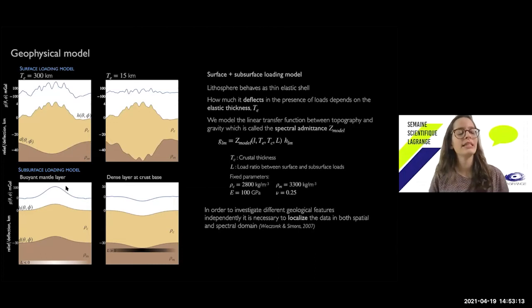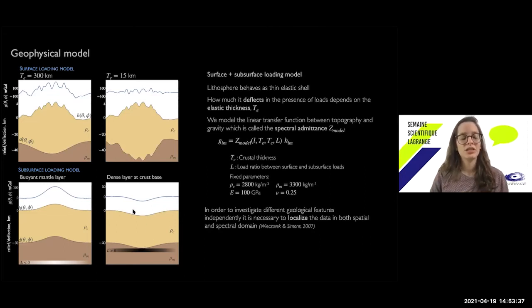Another possibility is that under these regions, there could be a subsurface load. So that's something else we consider: if we have a buoyant layer, a low density layer under these regions, this topography could be supported by this kind of mantle plume or low density mantle layer.